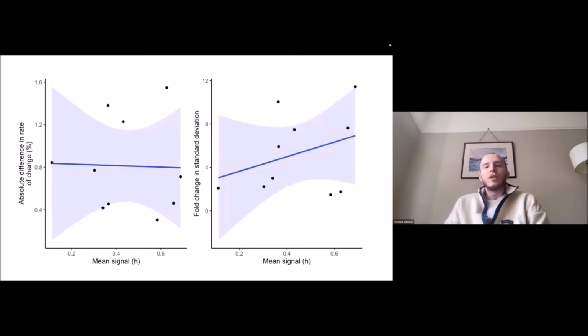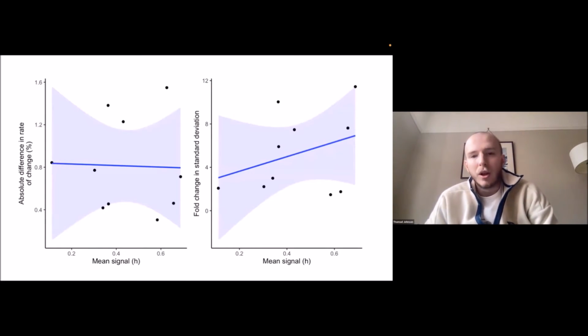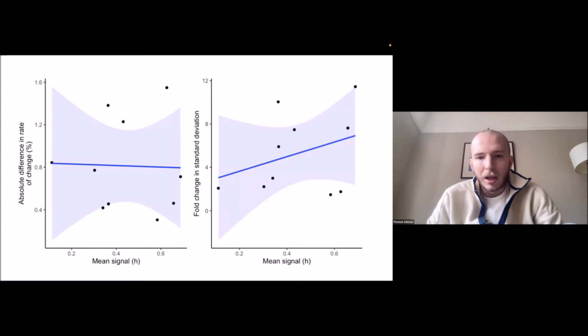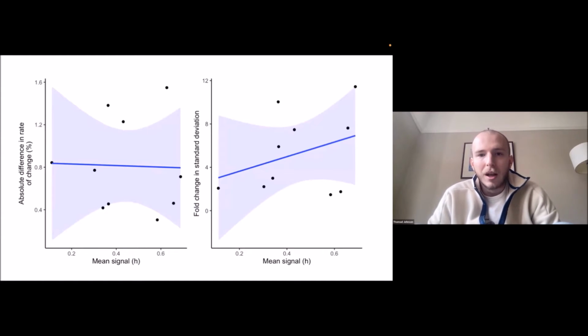And so the question is, what is actually happening? What's altering our inference around these data sets? So here on the y-axis, we've got the absolute difference in rate of change, so this collective trend coefficient between the correlated effect and random slope model. And then on the right-hand side, we've got the fold change in standard deviation of the correlated effect and random slope model.